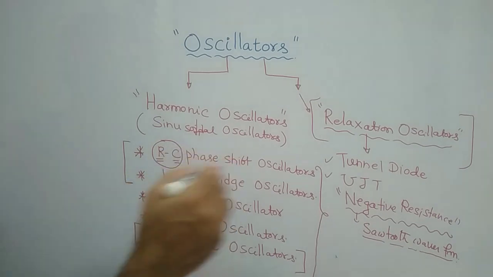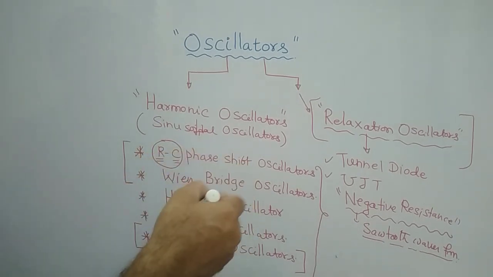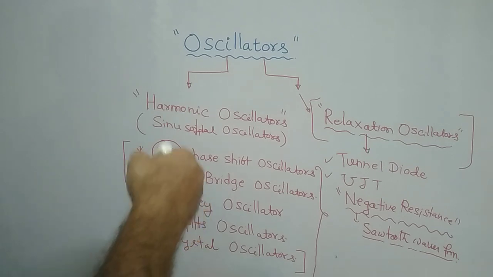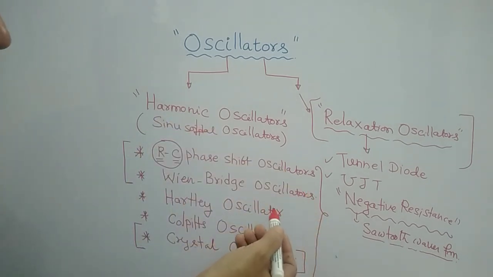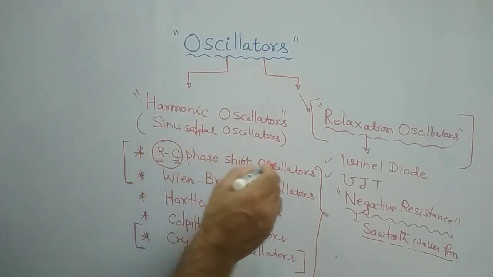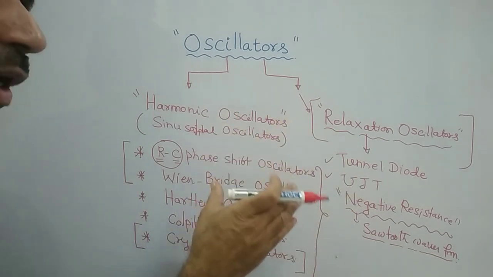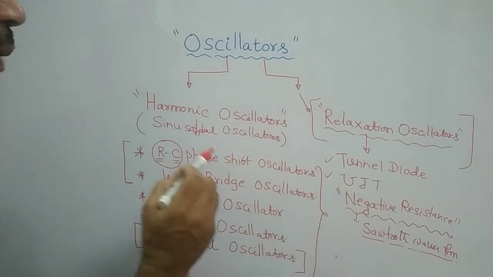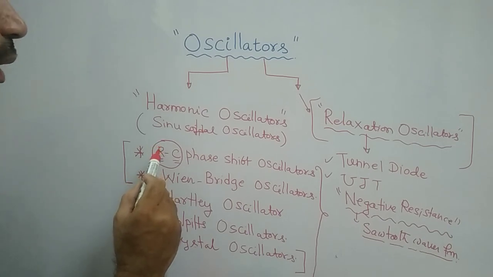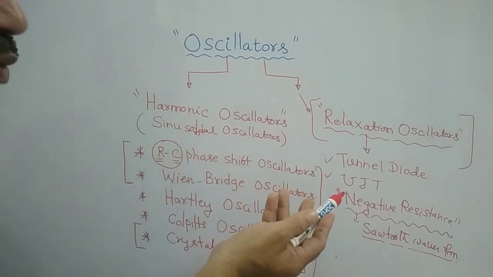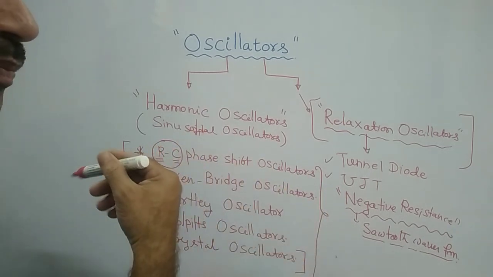It describes the different elements that will be used in the feedback network. So in the RC phase shift oscillator, in the feedback network we use only resistances and capacitances. That is the meaning of it.